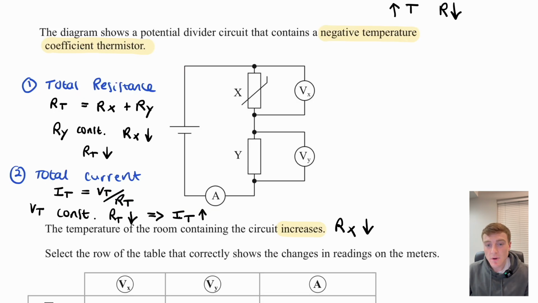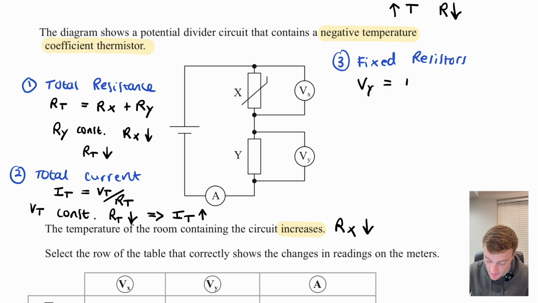Now the next step in my recipe was to look at any fixed resistors. So step 3, fixed resistors. VY is clearly fixed. So VY equals IT times RY, because current's the same in series. RY is fixed, so we'll say it's constant.